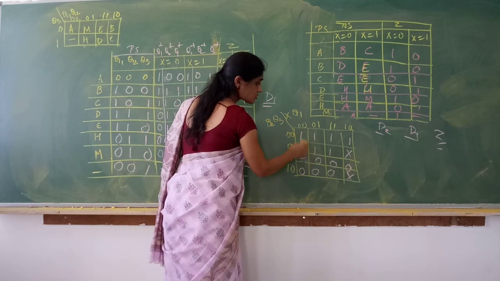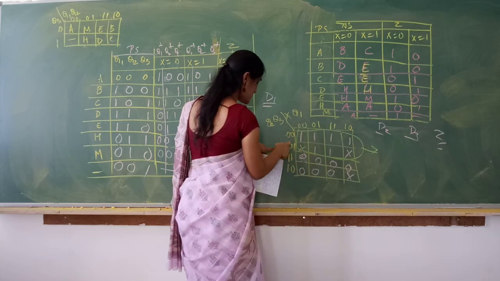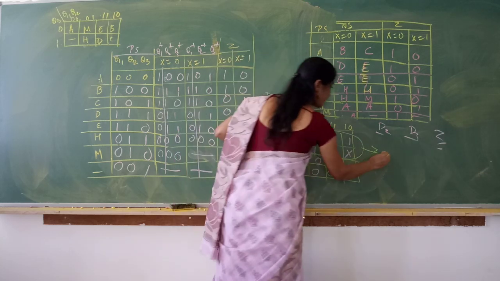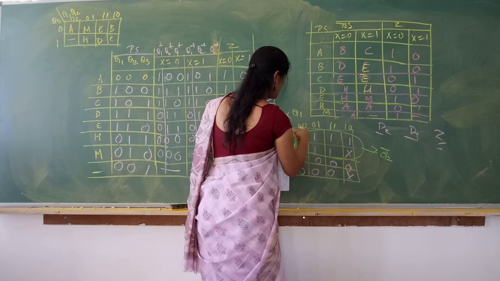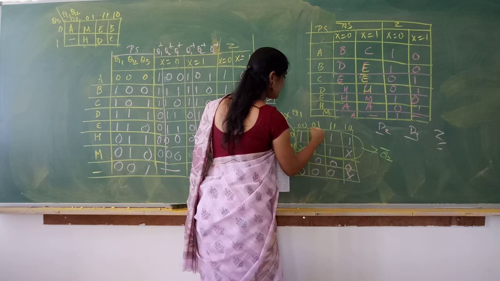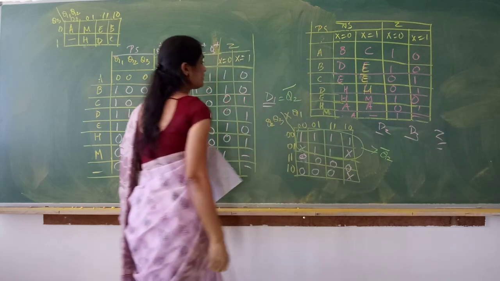This is x. So these 8 are adjacent. If you group these 8, what is the equation you get? Q2 and Q3 will get cancelled, and here everything will get cancelled. So D1 is Q2 bar.